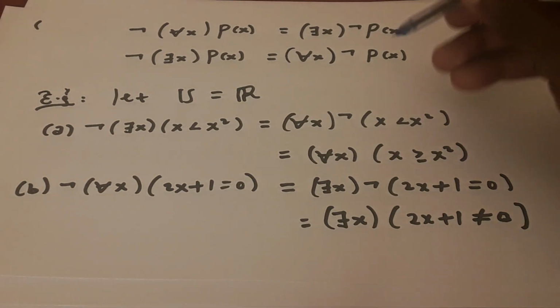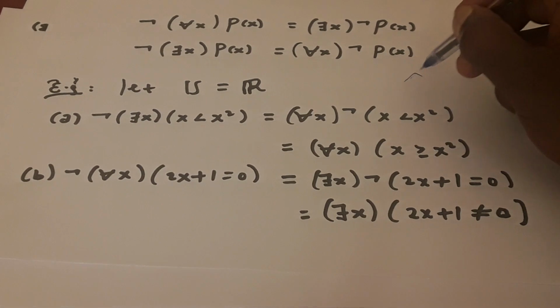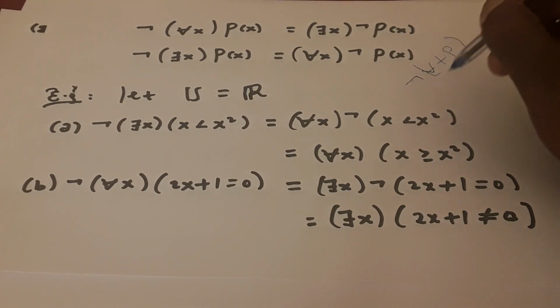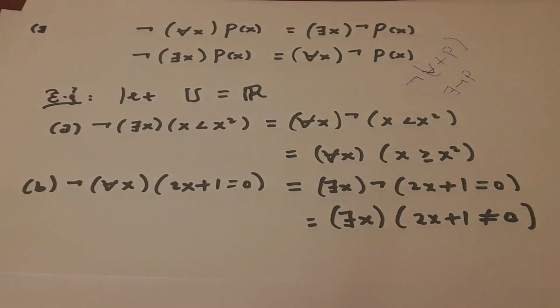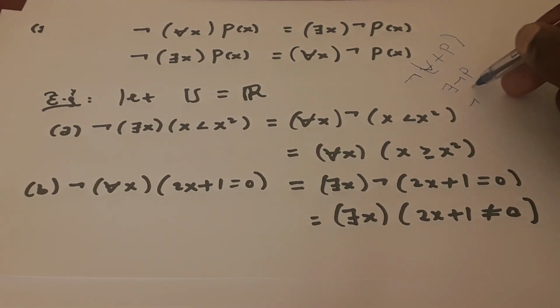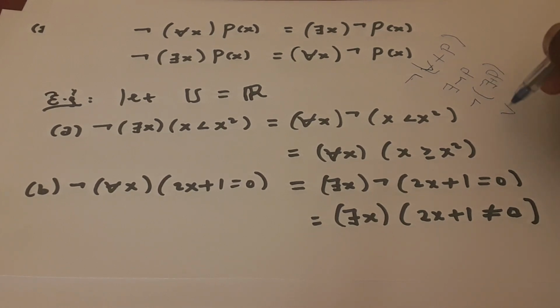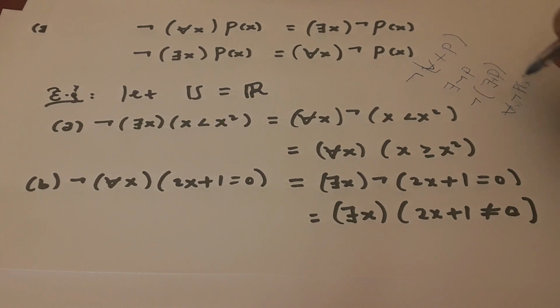So if you have the negation of this, the upside down A with P, the negation of the upside down A becomes the backward E, and again the negation of P. The same is true for the negation of the backward E. If you have the backward E with P, which is positive, the negation of it means the upside down A, and negation of P. So we use this variable: for all x, negation of P of x, this proposition holds true.